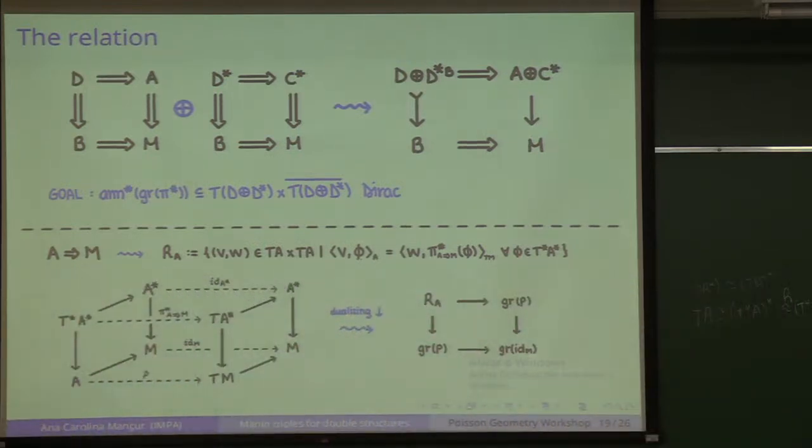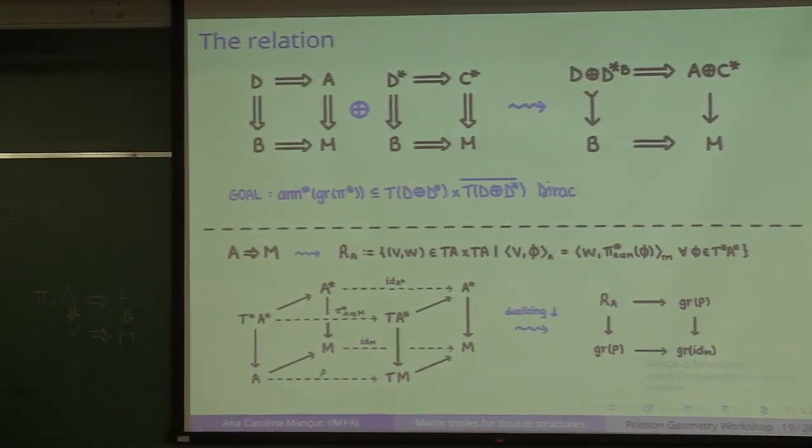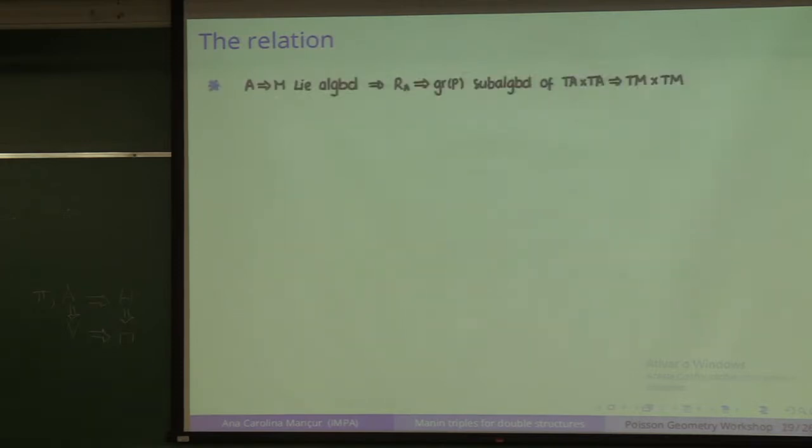So we will study this relation, and what we do is put other structures on this Lie algebra and watch what happens with this relation. The first thing is the basic one. When you have a Lie algebra, this relation is a subalgebra over the graph of the anchor.